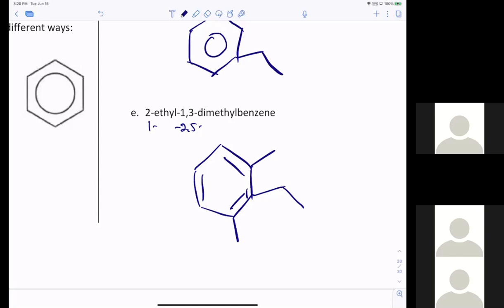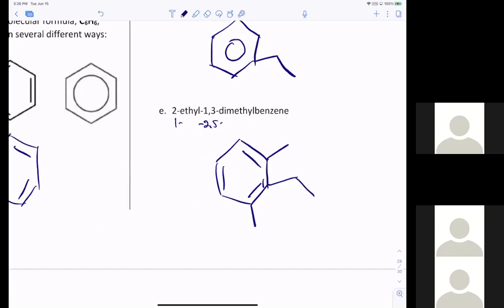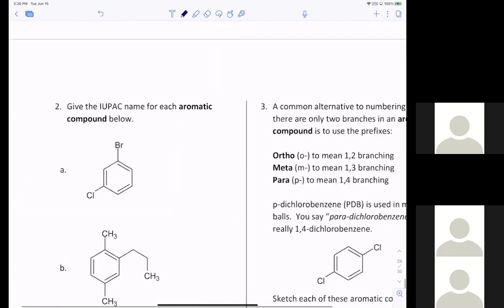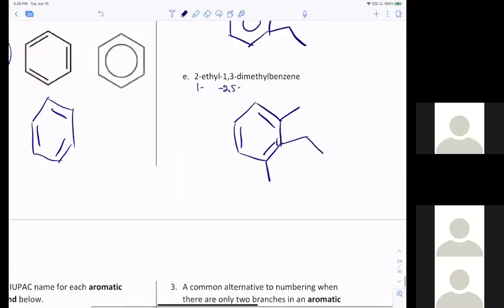Than 2, 1, 3. But I think you're supposed to name the carbon with ethyl on it first, because ethyl was going to be named first. We saw that earlier. So this one I'm a little bit ambiguous about. Wouldn't it be 6 instead of 5 though? 1, 2, 3, you're right. 2, 6. Yeah.